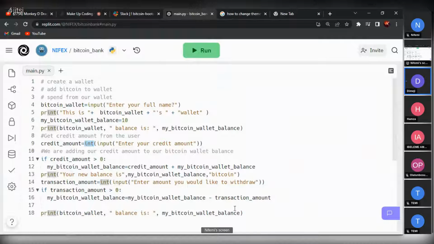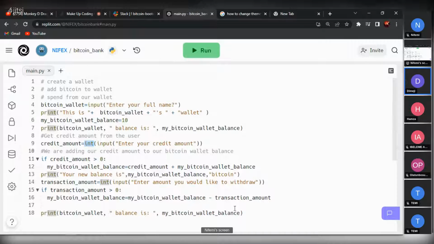Now, again, listen, everyone. On line 9, we are receiving input. I told you guys, anytime you see input, it is used to collect values from the user, from the shell or console. Am I correct? On line 9, you see that we have an input there.